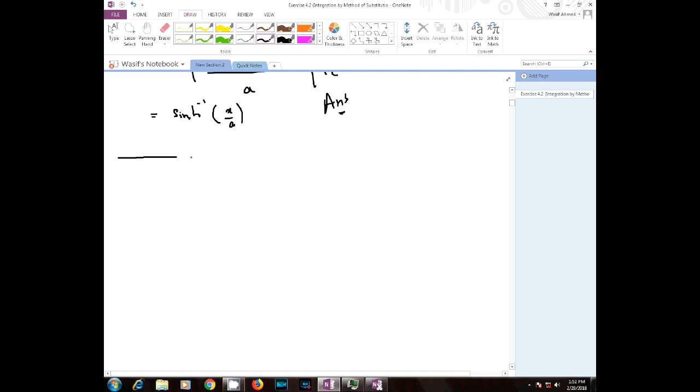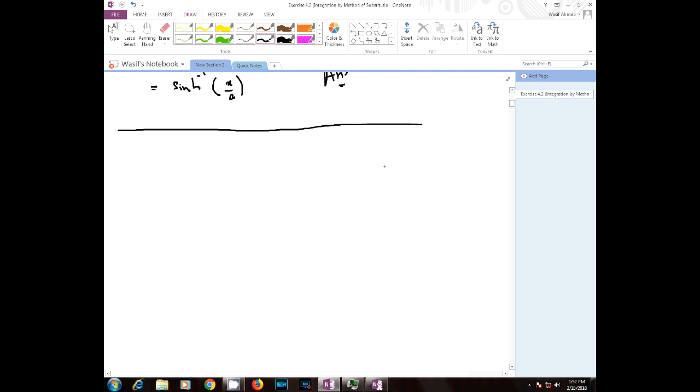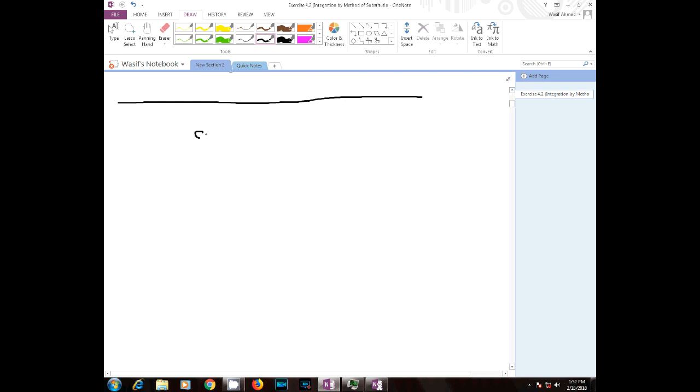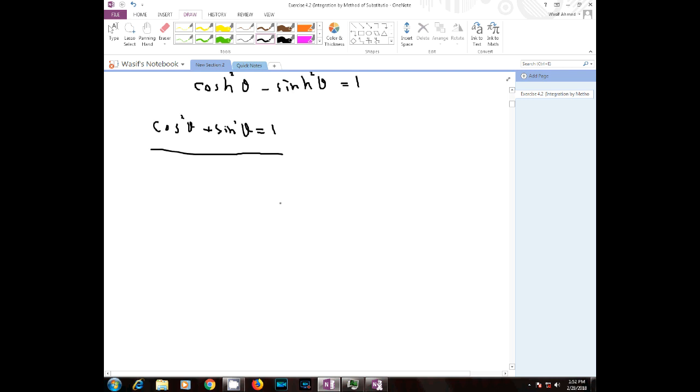But for this, you must be familiar with both the trigonometric identities and the hyperbolic identities. I should mention a few of them here. Cosh square theta minus sinh square theta is equal to 1. And similarly, in trigonometry, cos square theta plus sin square theta is equal to 1.